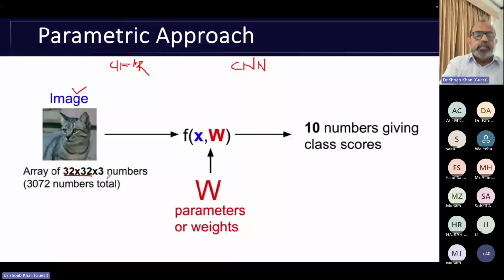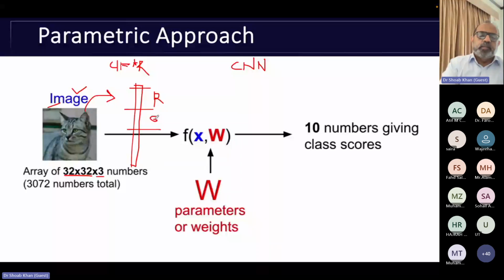If you take this image and put it in a vector, and this is something we do in neural networks, not convolutional neural networks, put it in an array. First you may have all the red pixels, which are 32 by 32, then the green pixels, 32 by 32, and then the blue.